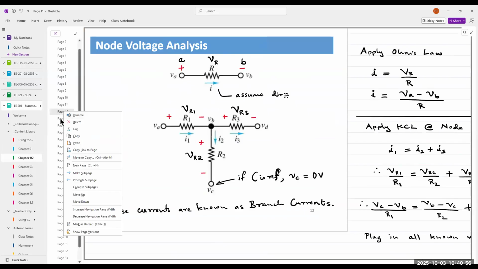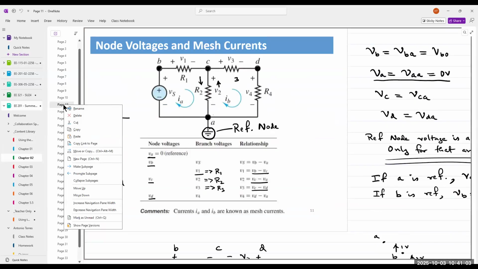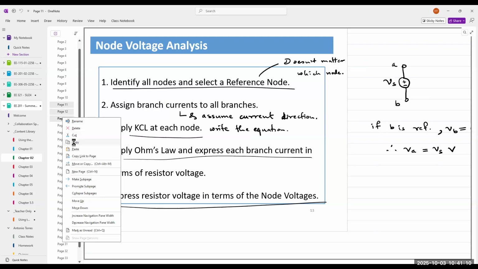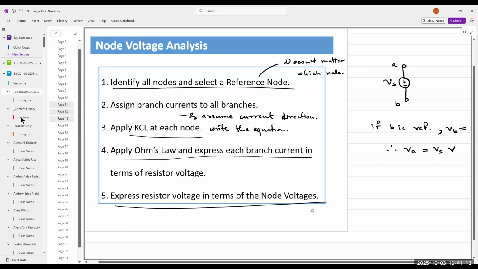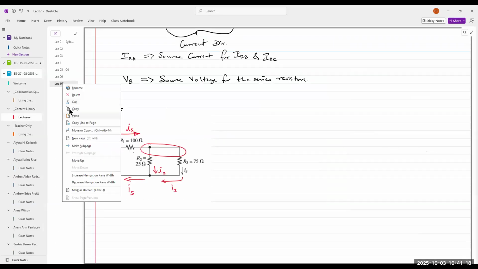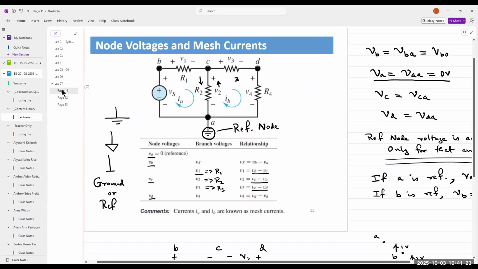And 12 also. Okay. I'm going to change the pages and everything later.